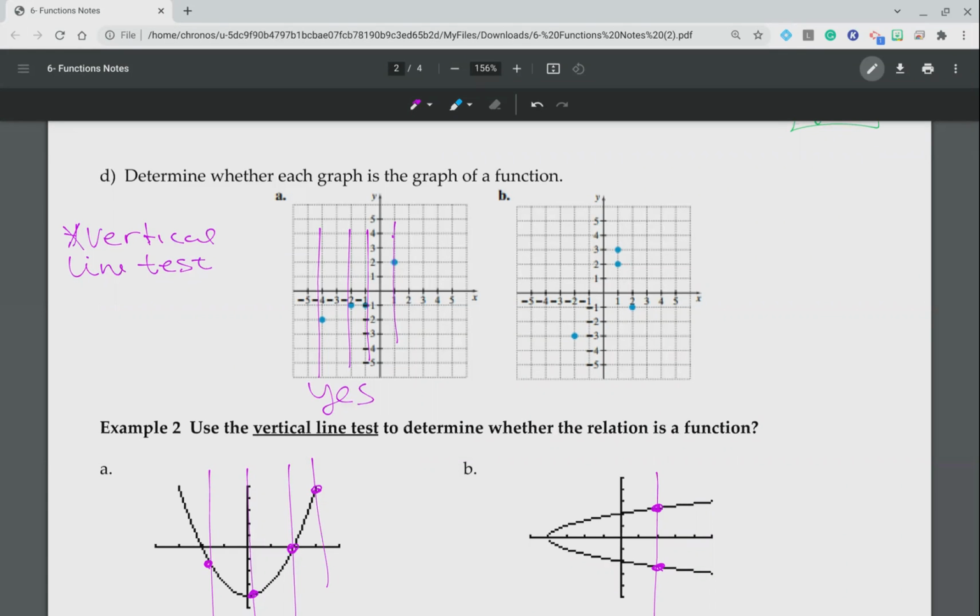But if I come over here for letter B and draw a vertical line, it hits that point 1 time. If I draw a vertical line here, you can see it hits 2 different points. So no, this one is not a function. That's how you can use the vertical line test to determine whether or not something is a function.